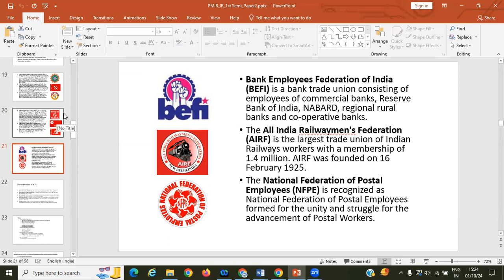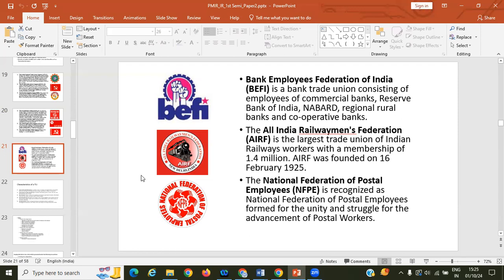So there are different unions existing in the country. You can search for some information, and most of the things you know. On average, 1,000 plus employees are members in each of these trade unions.